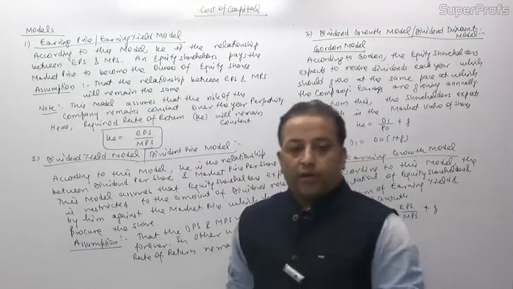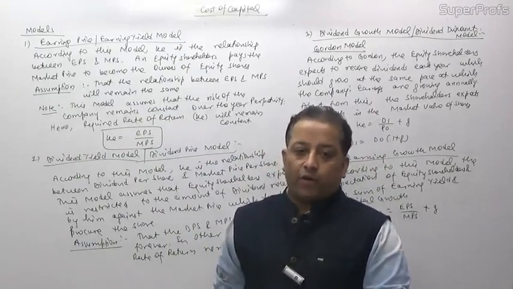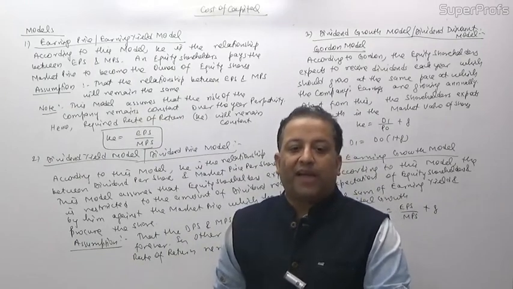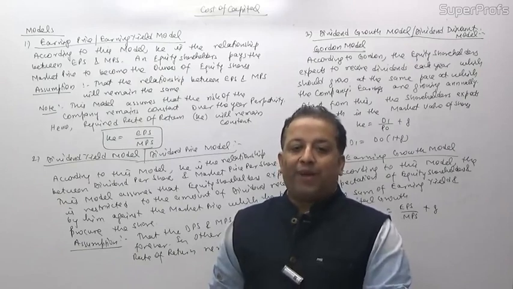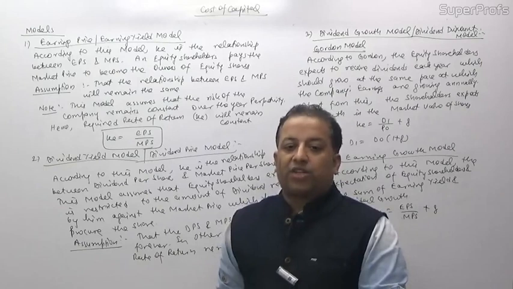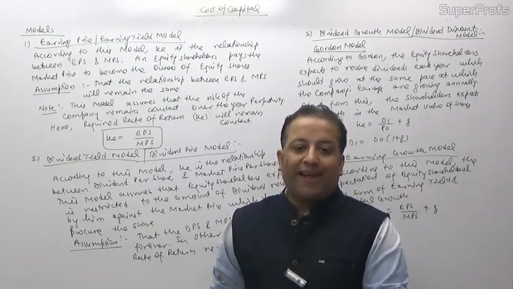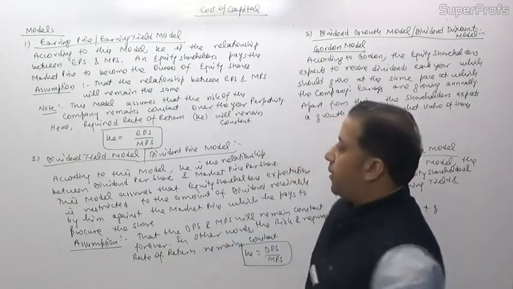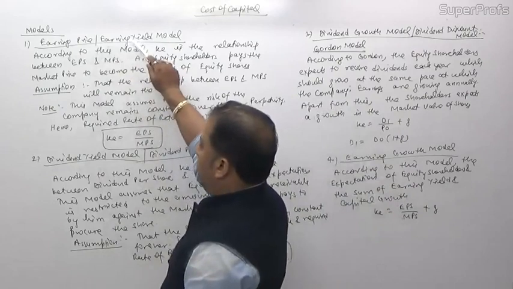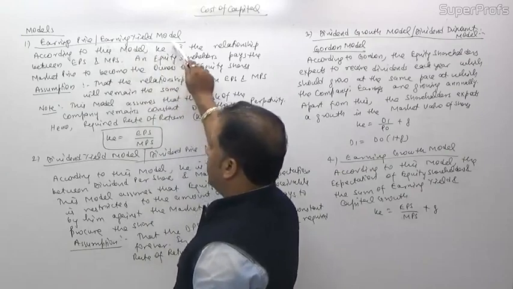According to this model, KE, which stands for cost of equity, is the relationship between EPS and MPS.